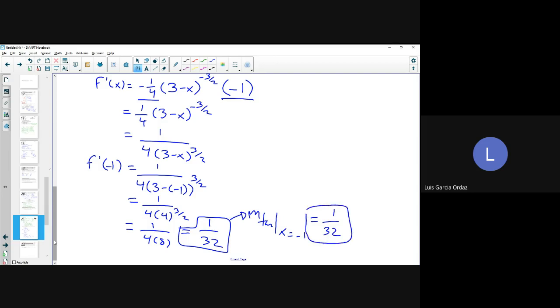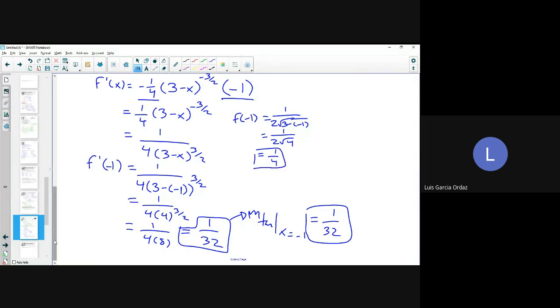And now I have to find an equation in standard form. So what I have to do is I need to find my y value. So I'm going to sub in negative 1 into my original equation. So I get f at negative 1 is equal to 1 over 2 times the square root of 3 minus negative 1, which is equal to 1 over 2 times square root of 4, which is equal to 1 over 4.